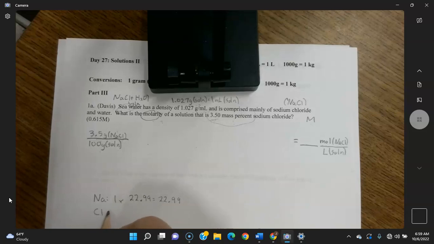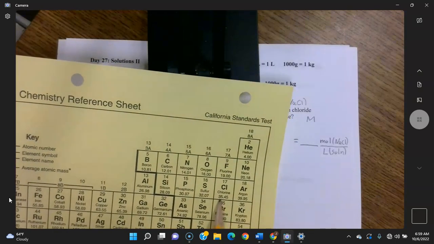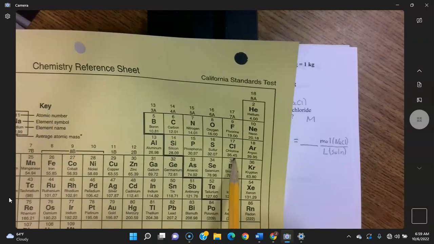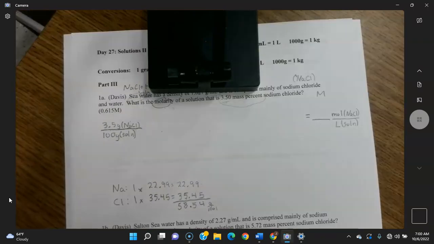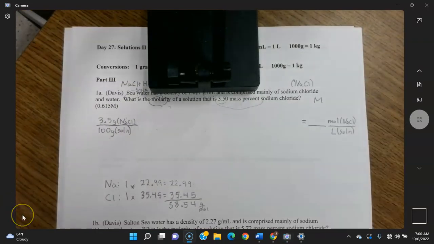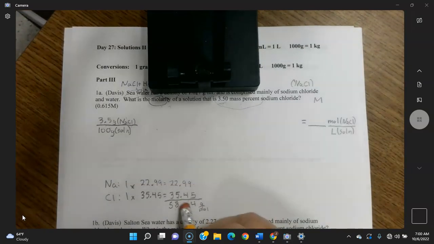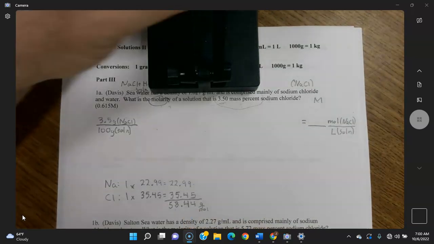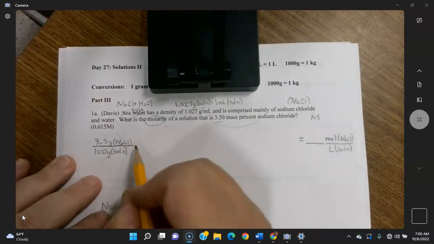And then chlorine, and we have one of those, 1 Cl. And what is that? It's 35.45 right there. Okay, so the molar mass. Okay, and I made a little mistake here. I actually added that wrong. It's 44. Okay, so 58.44 grams per mole. So that's what we're going to need to do the molar mass conversion.